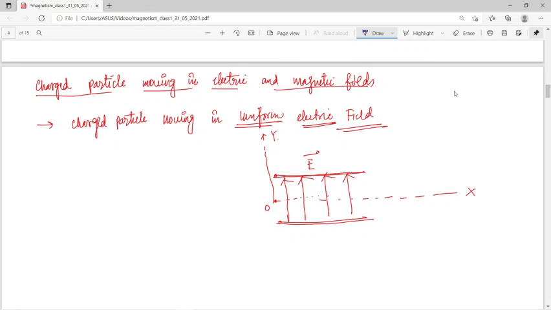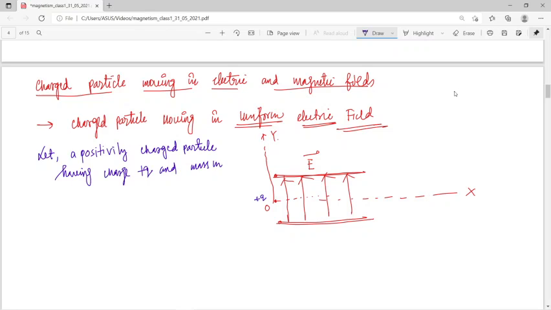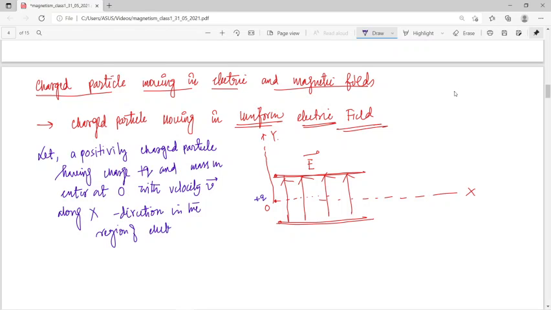A positively charged particle having charge plus q and mass m enters at O with velocity v along the x direction, in the region of electric field E.